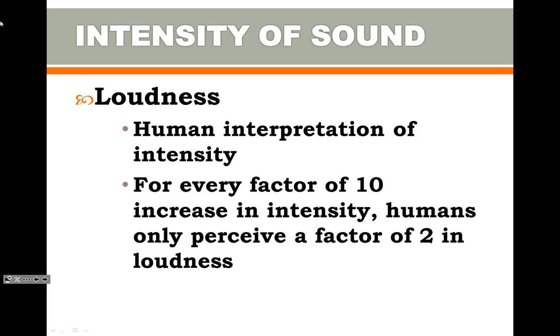But the actual piece of equipment that is measuring the decibel scale can detect that. It's a little more sensitive in terms of measuring the actual intensity. Our ears aren't that good. I mean, they're good, but they're not as good as that equipment that's actually measuring the decibel level. So we only perceive it as a factor of 2.